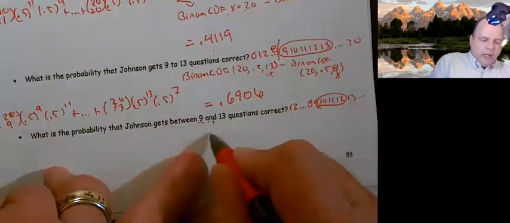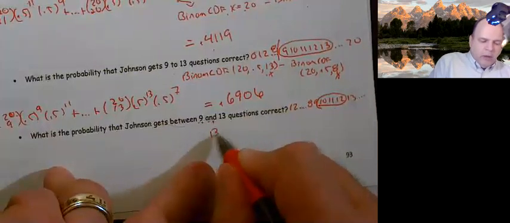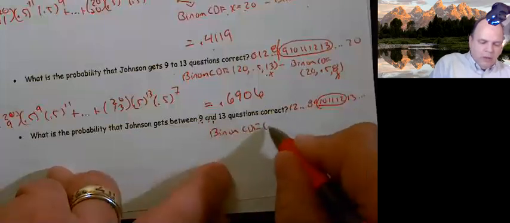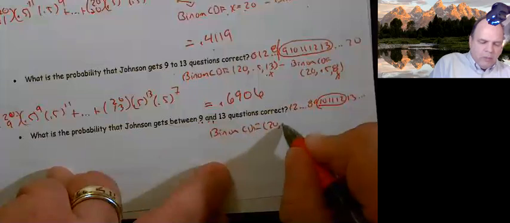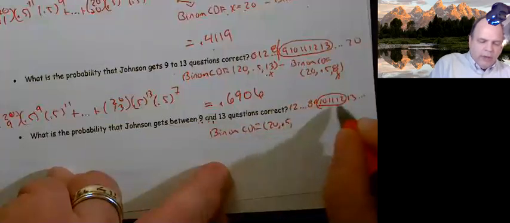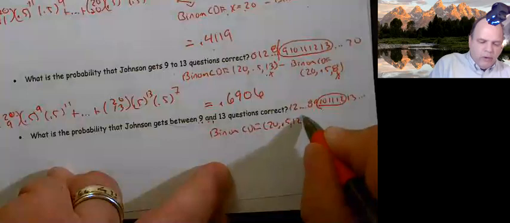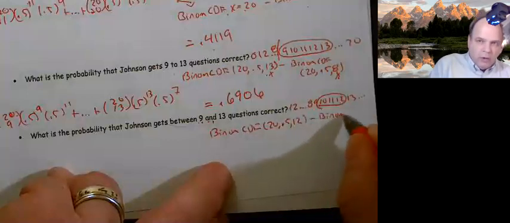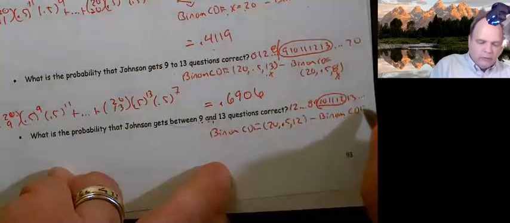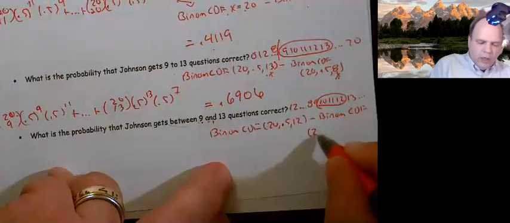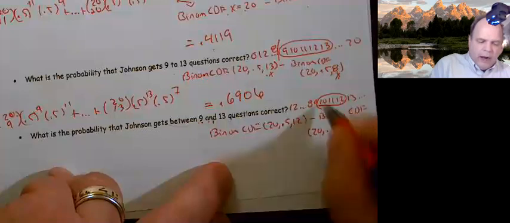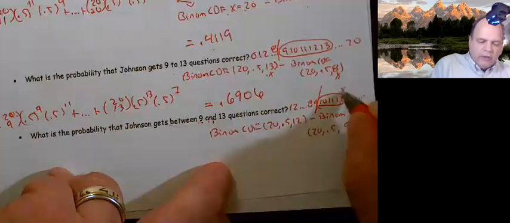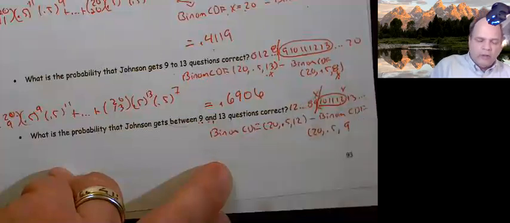So for calculator purposes, this is going to be the binomial CDF 20, 0.5, the highest value is 12, minus the binomial CDF 20, 0.5, and the highest value I don't want is the 9. So X is 12 and X is 9.